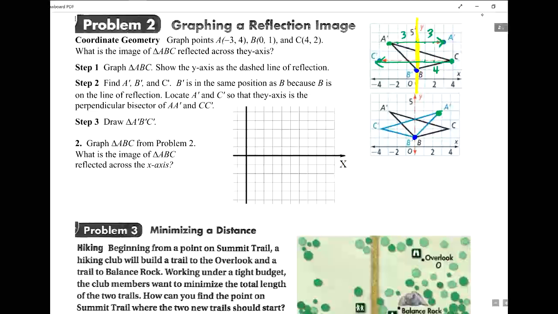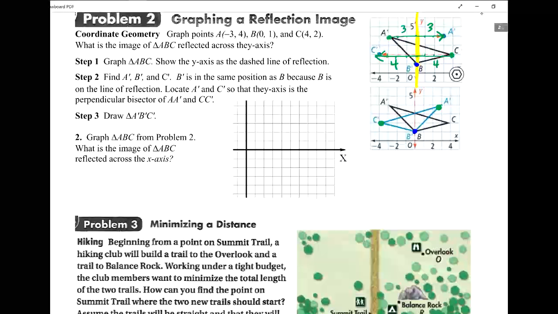So we go 4 more to the other side. 1, 2, 3, 4. And point C ends up over here. So we have our image, triangle A prime, B prime, C prime. All right, pause the video, try it yourself.